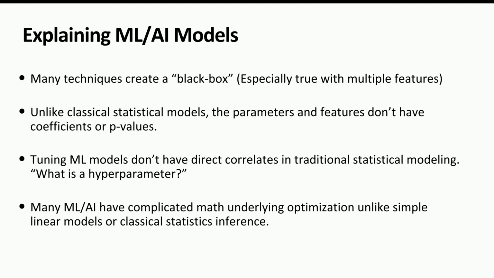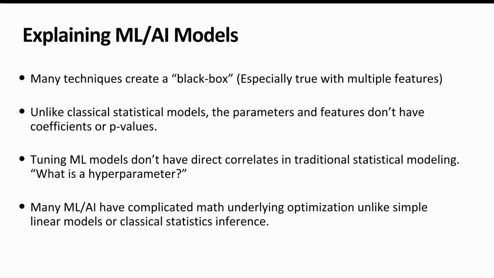Dr. Wong gave us a really nice introduction to explaining AI and machine learning models. But a lot of these techniques kind of create a black box, and it's especially true with multiple features. Unlike classical statistical models, the parameters and features don't have beta coefficients or p-values that we can really explain to audiences kind of what's going on.